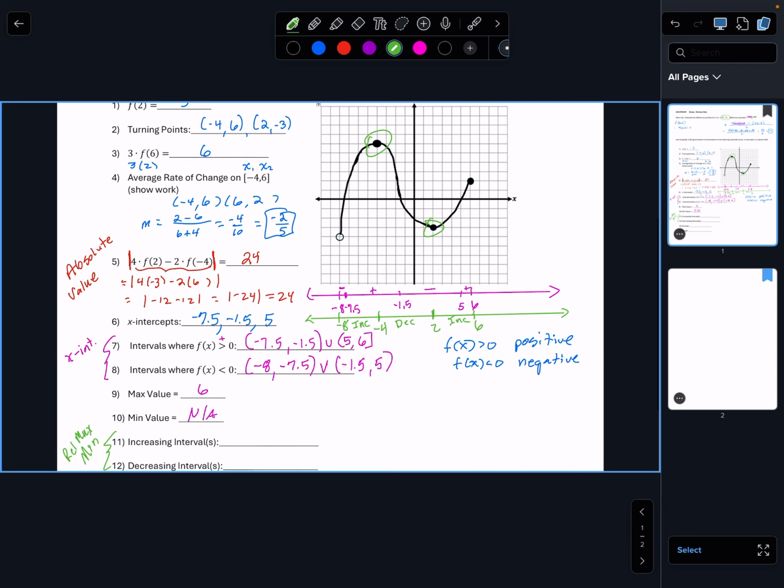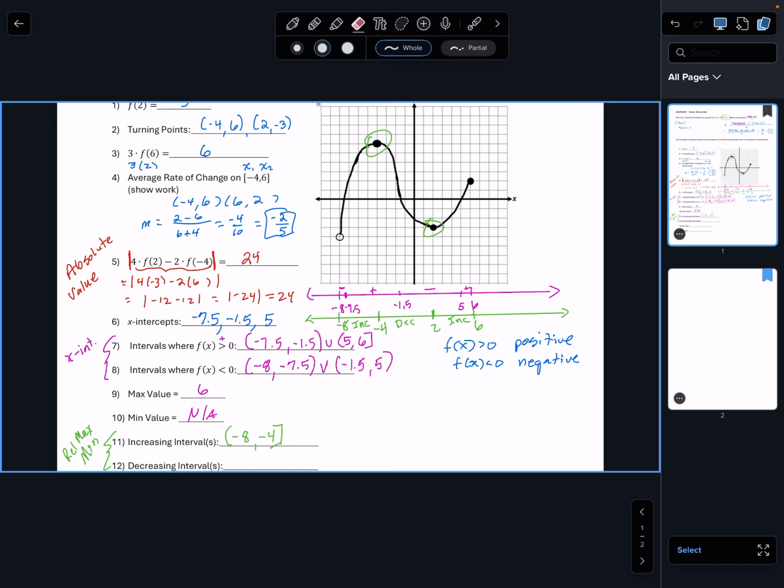So for your increasing intervals, the -8 needs to be a parenthesis because it's not in the domain. And then it goes to -4, and this is the change this year. We are including that. I'm trying to make sure that the worksheets are getting corrections as we're moving along so they reflect the change.